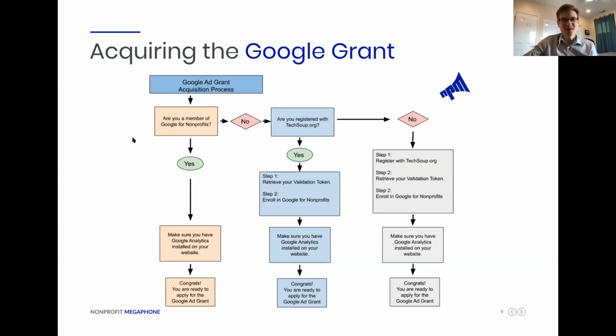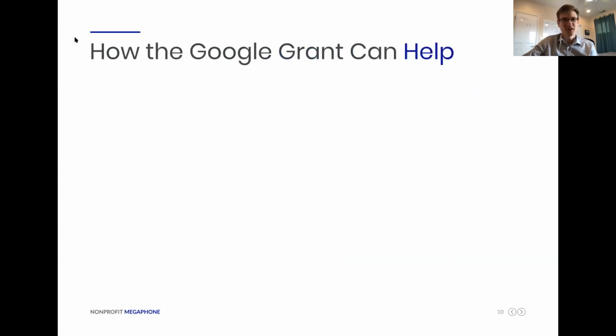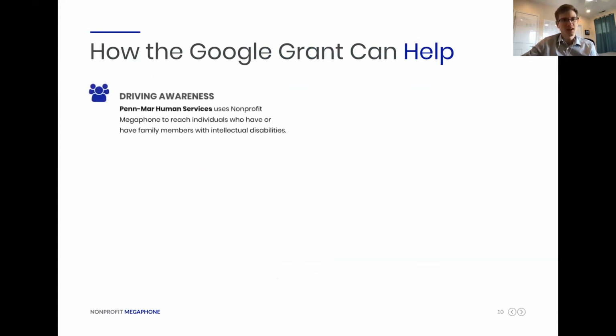Okay, so now once you have the Google Ad Grant, what should you do with it? And what are ways that the Google Ad Grant can be helpful? We're going to share 6 examples of ways that we've seen it be helpful for our clients. And they'll be all across the board to give you a sense of all the different ways it can be useful. So way number 1, probably the most obvious, is driving awareness.